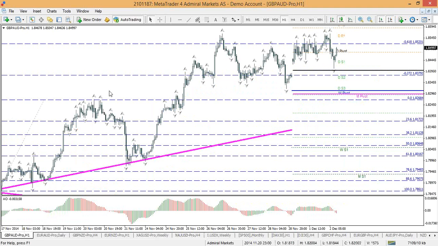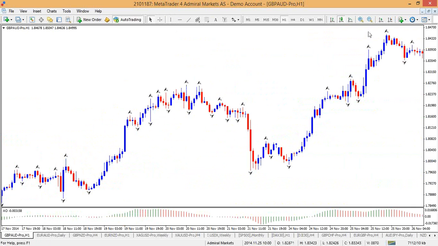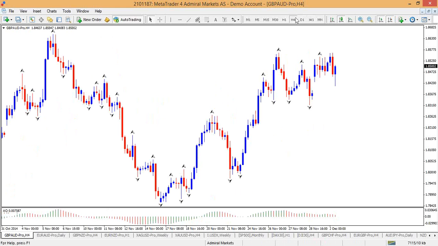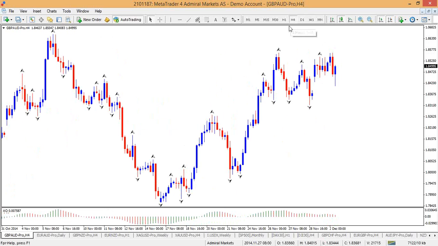Let's take a look at other pairs. Pound dollar is very close to resistance again. Very spiky environment.